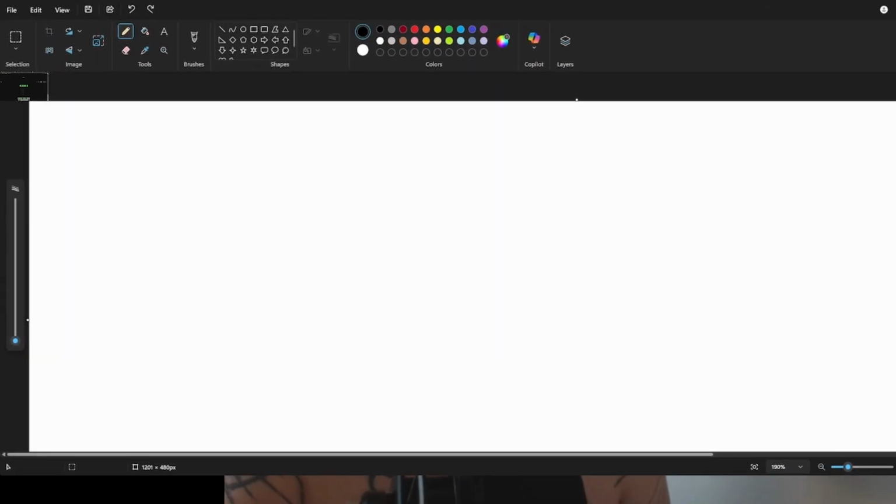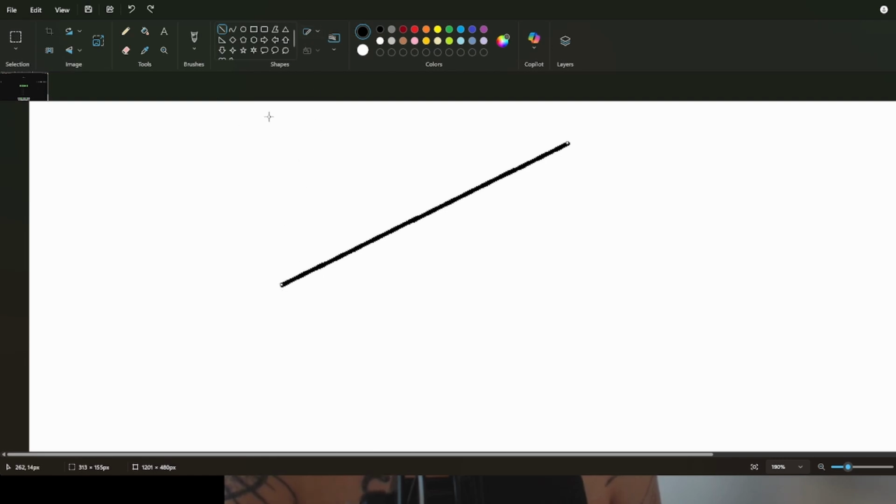So we draw, let's pull this up, an angle. We'll take two lines and have them connect at a point here.